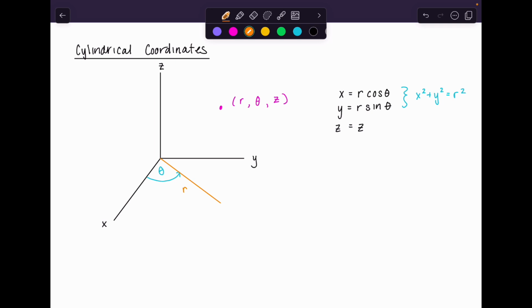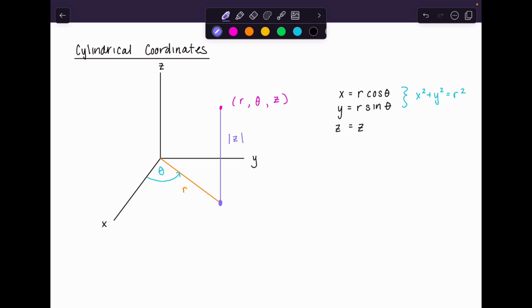So r to here. And then this would be that point in the xy plane, r theta. But now we add the z component, so we just travel up that distance of z. And in this case, this is going to be the absolute value. It's going to be positive up here, the length of this side is. Because if you're going down, then that length would be negative.